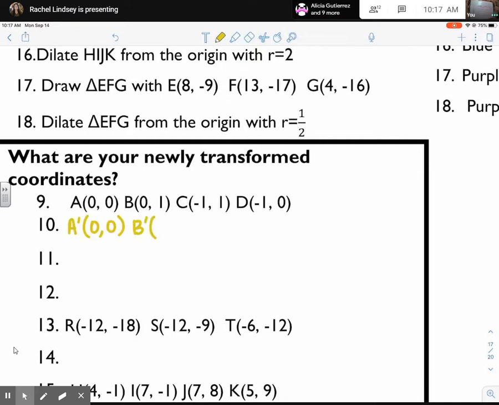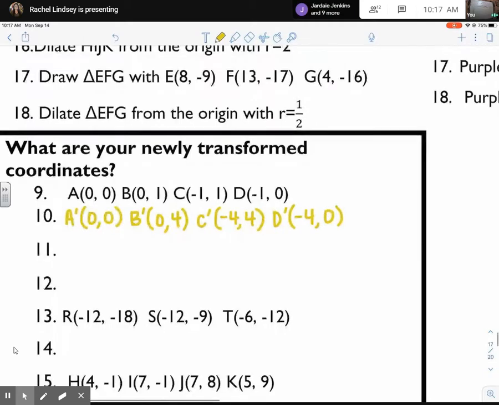B prime, 0 times 4 is still 0. What's 1 times 4? 4. Negative 1 times 4 is negative 4. 1 times 4 is 4. And same for C. So there's my new coordinates.